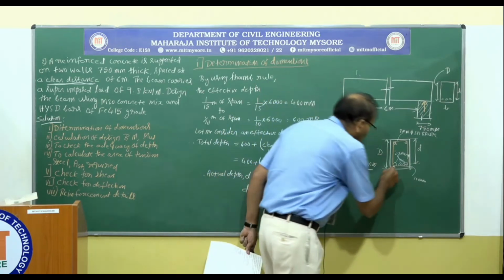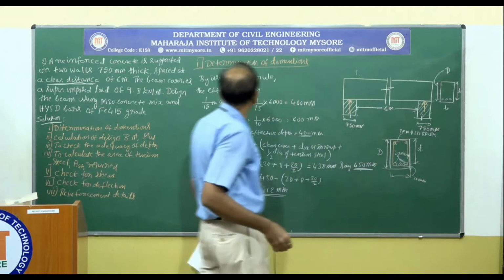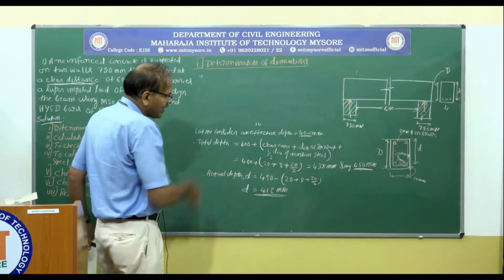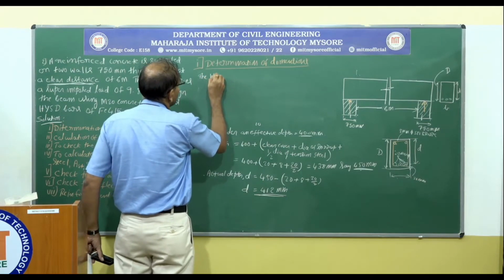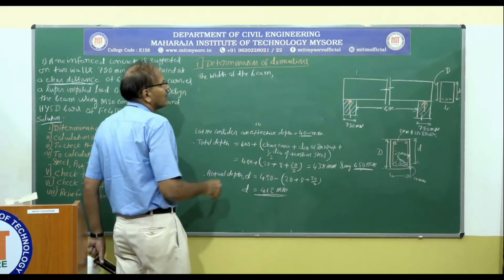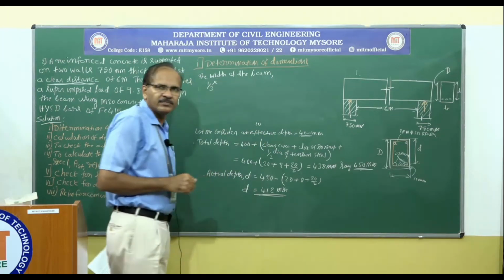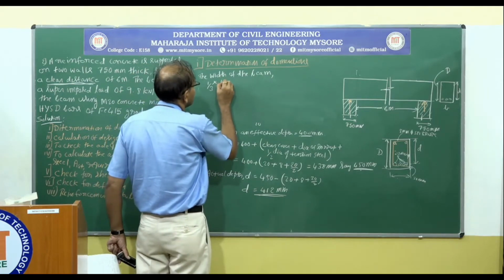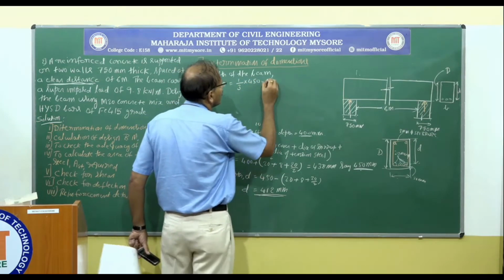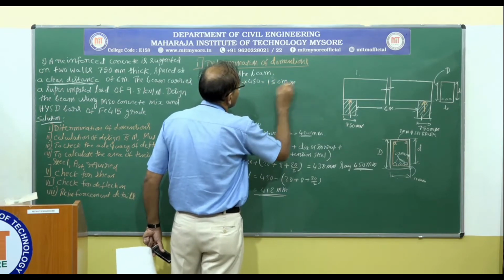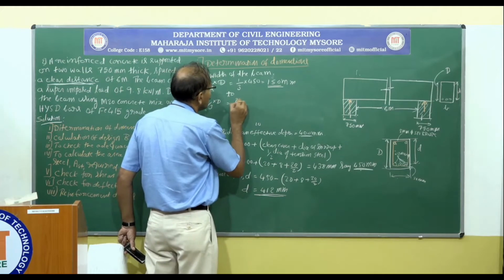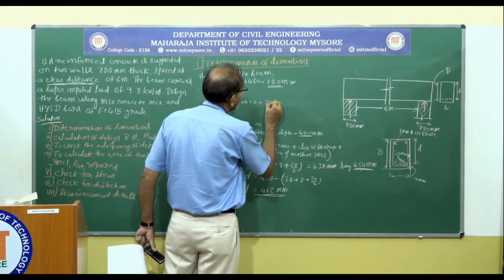So what is left next? What is the width? Normally what we do is, when it comes to the width of the beam, we consider 1/3 of the total depth, equal to 150 millimeter, to 2/3 of the total depth, that is equal to 2/3 into 450, that is equal to 300 millimeter.